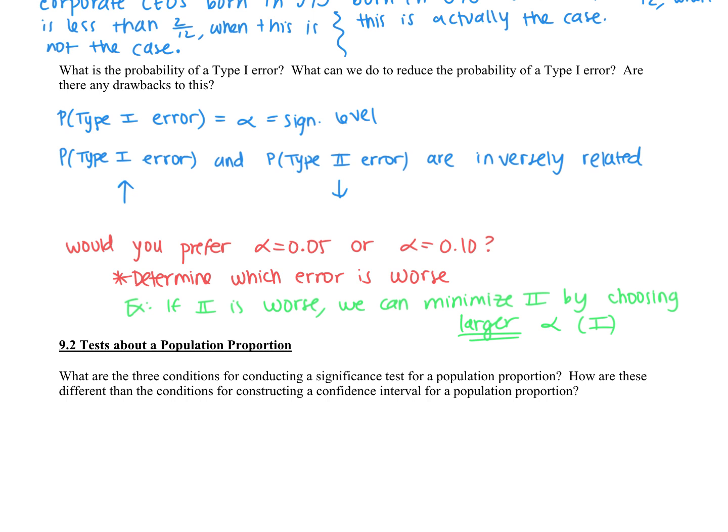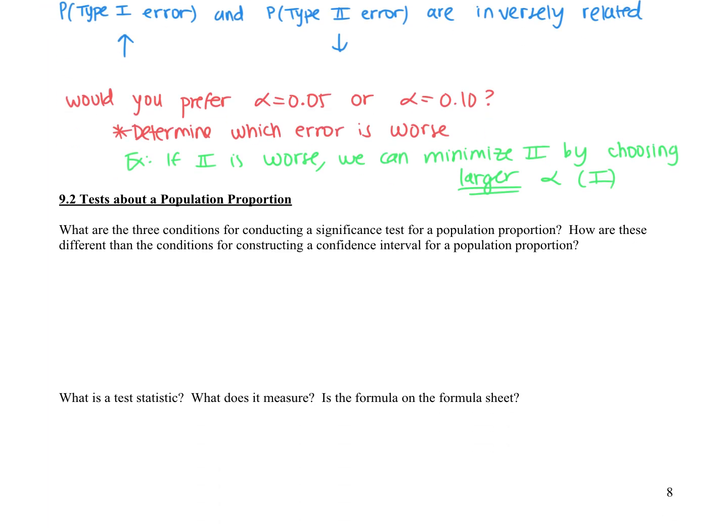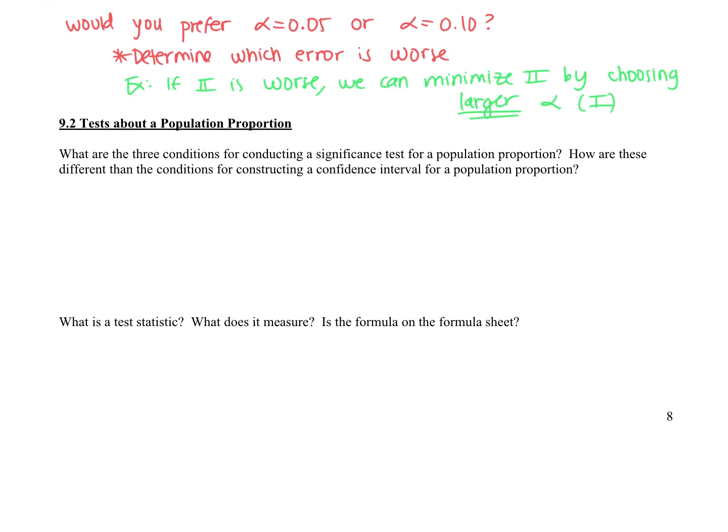Okay, so now that we've talked about errors, we're doing a test for population proportion. Let's talk about the background first. The first one is the 3 conditions for a significance test. They're pretty much the same as a confidence interval. What was the first one for a confidence interval for proportion?